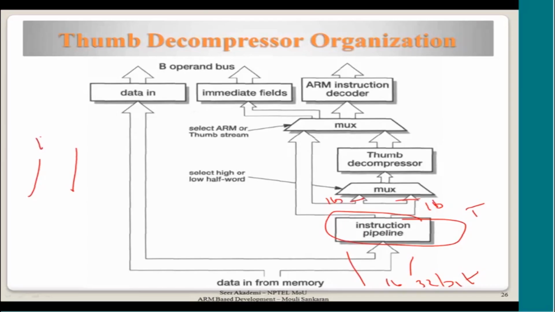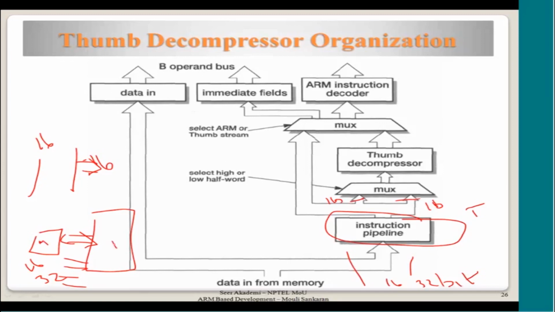Why is low or high given? It could be because of how the memory and the ARM processor are interfaced, which is very flexible. You remember that there is a separate data bus, and it could be 16-bit or 32-bit wide. So the memory can be connected to the processor in many different ways. Based on that, the memory may give the instruction as the lower half word or the higher half word, and those instructions may land on any of these buses.